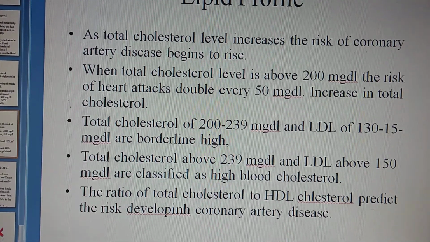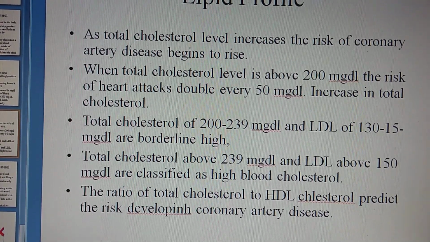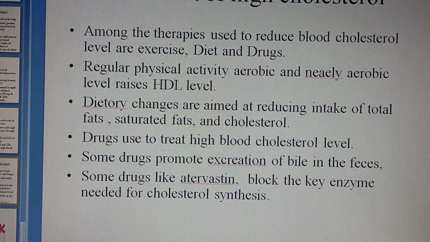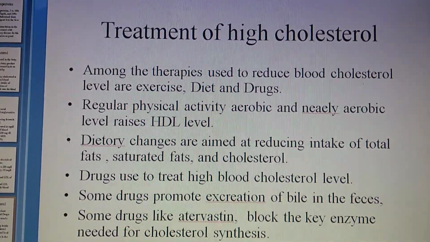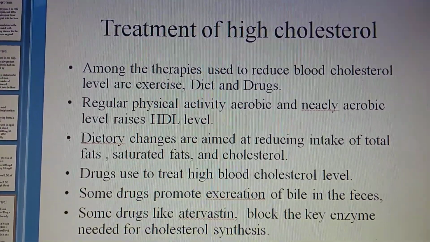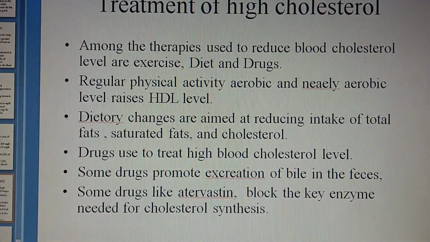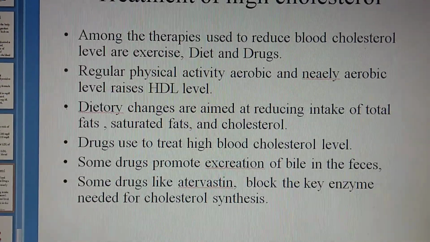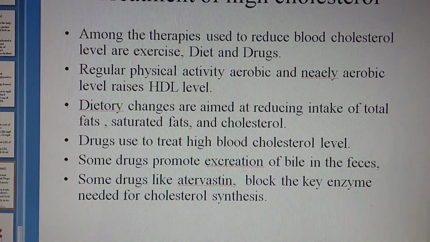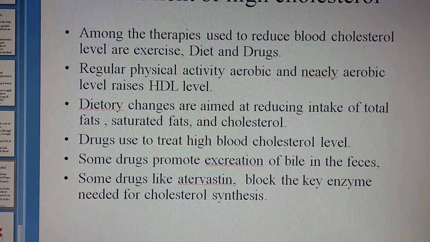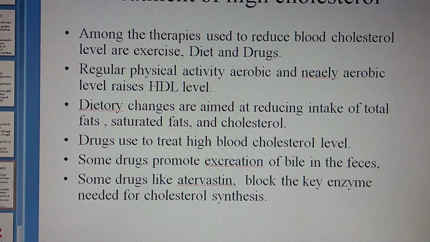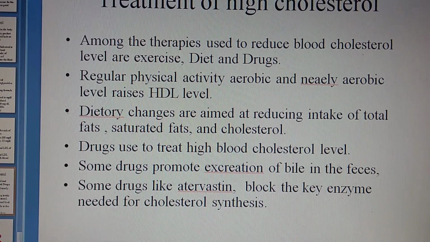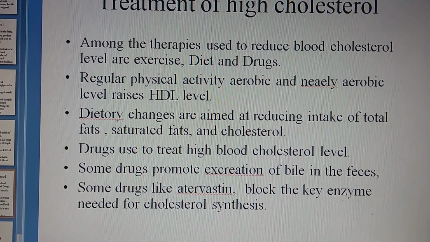Now, how is this high level of cholesterol treated? Among the therapies used to reduce blood cholesterol level are exercise, diet, and drugs. Regular physical activity, aerobic and near-aerobic level, raises HDL level.